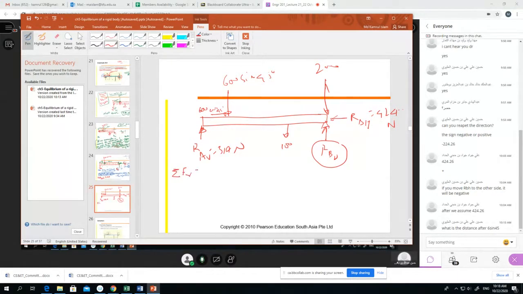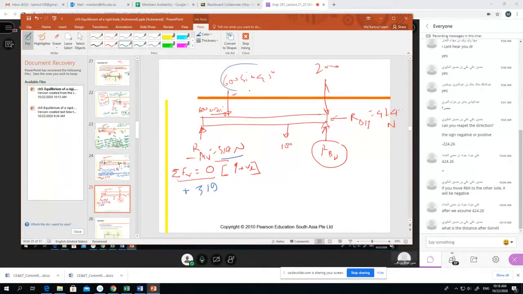Very easy. Suppose we take the summation of vertical force. Summation of vertical force is 0, and we assume upward is positive. RAV is upward, so plus, and the RAV value is 319.